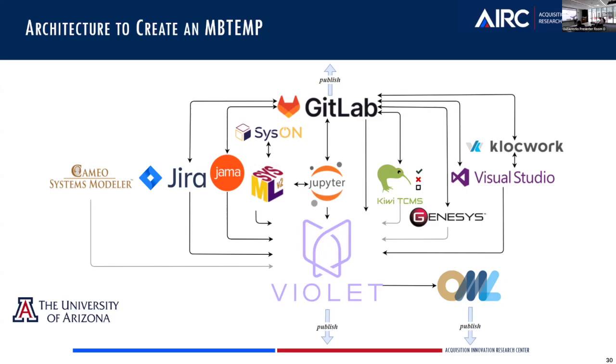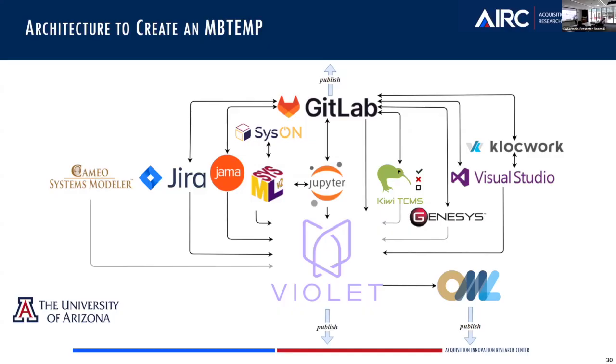But ultimately, the data is harmonized using this tool that we call Violet. It's made by Violet Labs. We're latching onto this as well at Virginia Tech, and I'm using it in some of my class, and it seems to be a pretty good tool. It's based on ontology, so a lot of those UA ontologies and the model-based temp ontology feed into this.